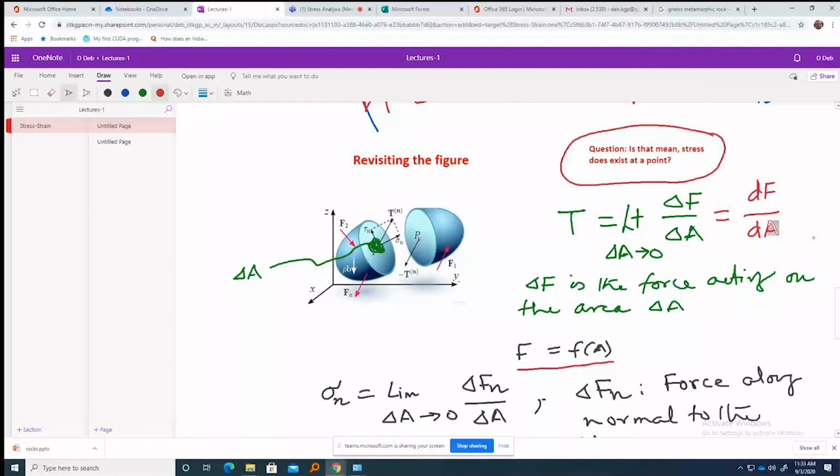So the wall has a strength and it will resist that stress up to that strength. But as you have increased the force for a given area, then it exceeds that strength of the wall, and then the wall cracks and it goes inside.